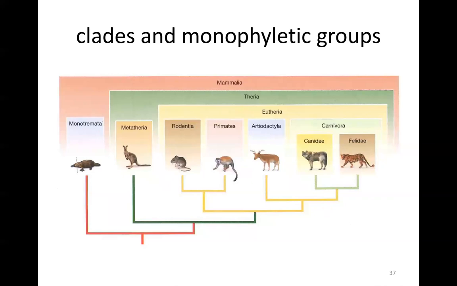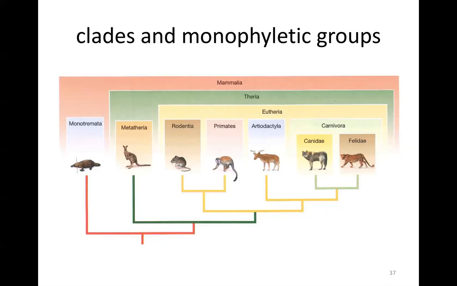And here we have mammalian groups, not all of them, of course. We have artiodactyls, canids, felids, part of carnivora, rodents, primates. And as you see, rodents and primates are sister groups here, pretty similar to each other.